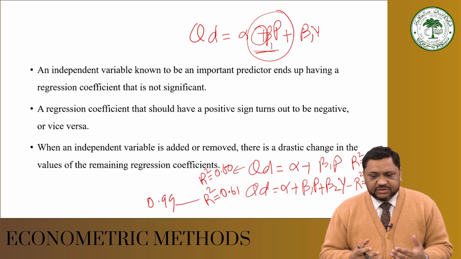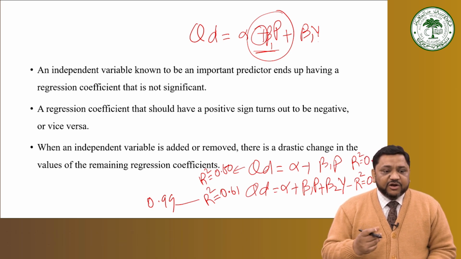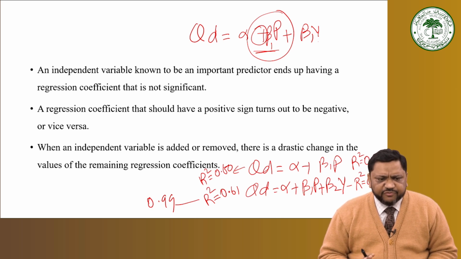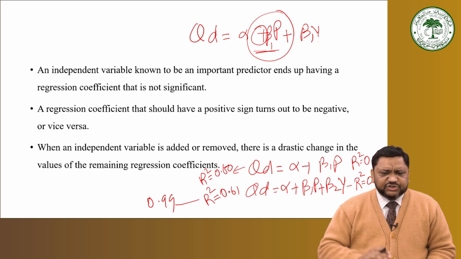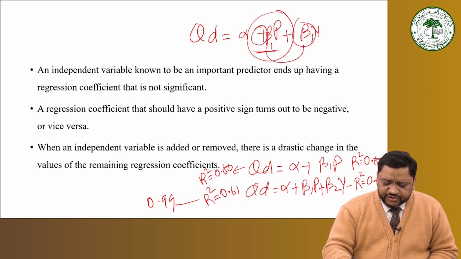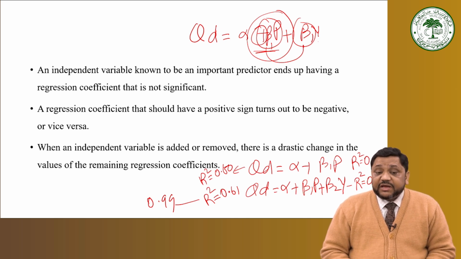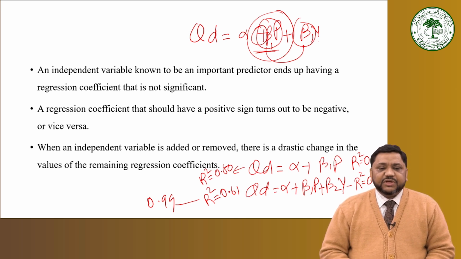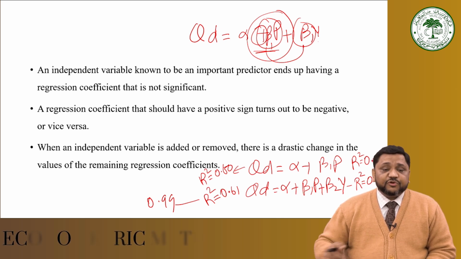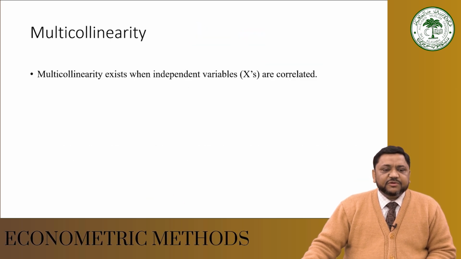This is not a concrete measure, but what we are saying is that when we add or remove one variable, an important variable, and there is a drastic change in R square or a drastic change in these coefficients, this is also an indicator that something is problematic, and this phenomenon is what we refer to as multicollinearity.